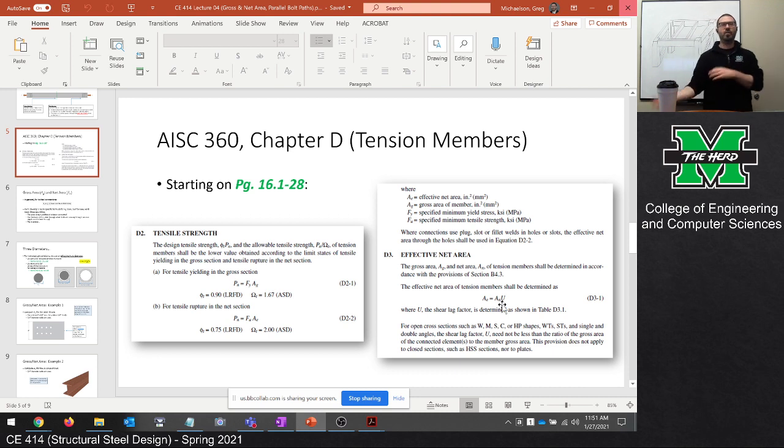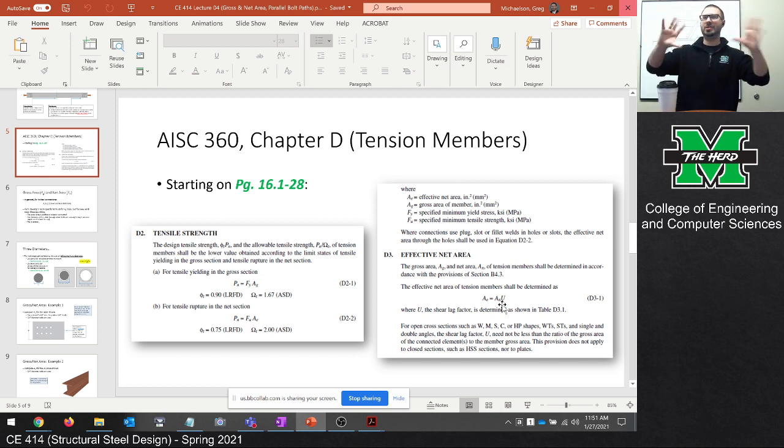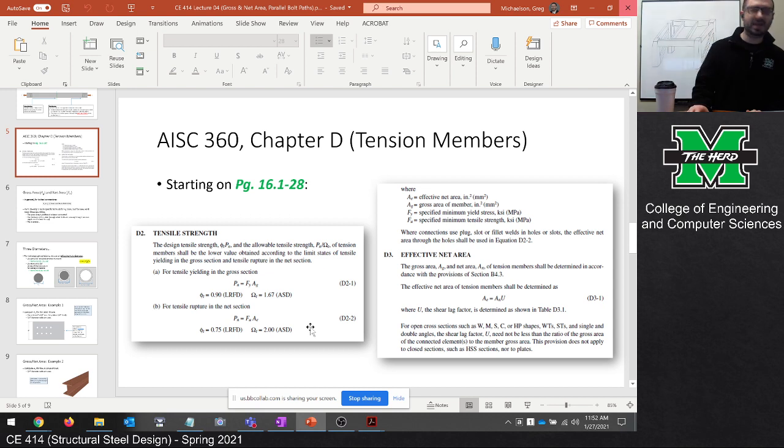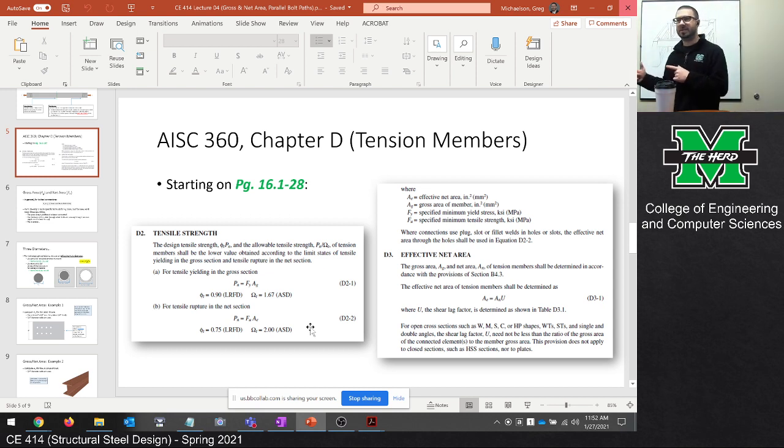So for that one, it's a trade-off, because yeah, you might result in a smaller tension member, but it might result in a bigger connecting element. So it just depends on the scenario. Like what Mr. Riggs said, if you used the same amount of bolts, a staggered connection is going to be longer than a parallel one.